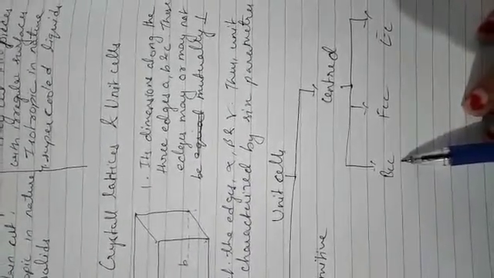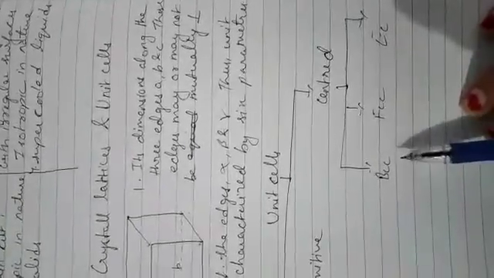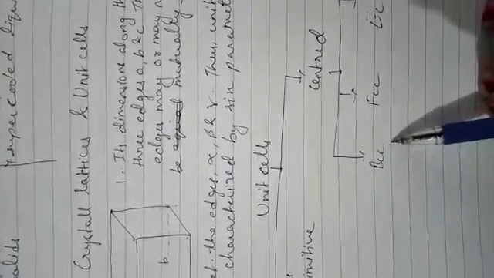And the centered unit cell is of three types: BCC, that is body centered unit cell, then FCC, that is face centered unit cell, and EC, that is end centered unit cell. First let's talk about the BCC, that is the body centered unit cell.